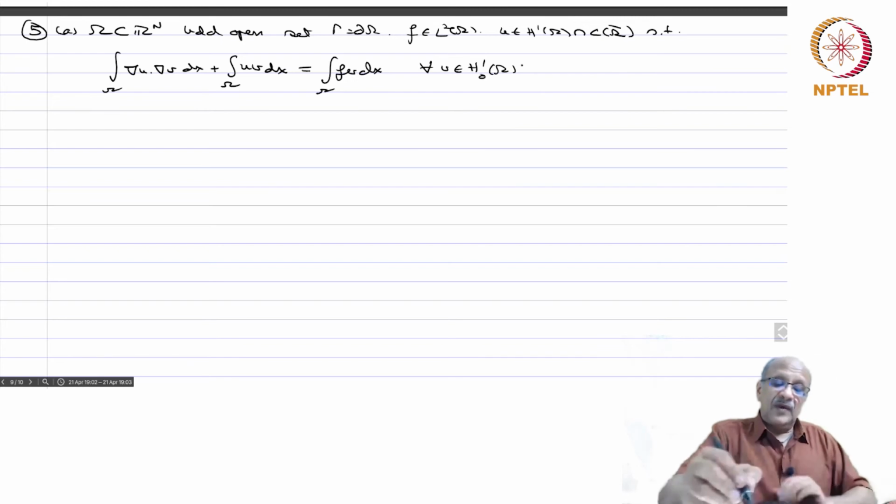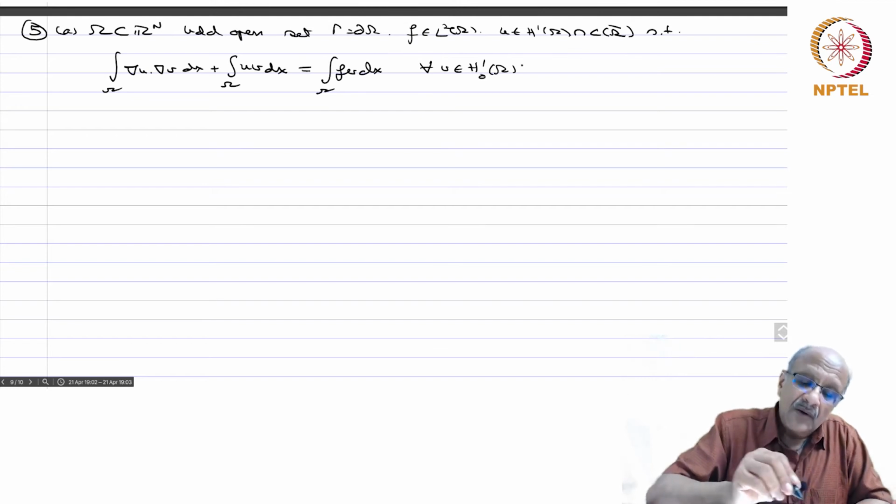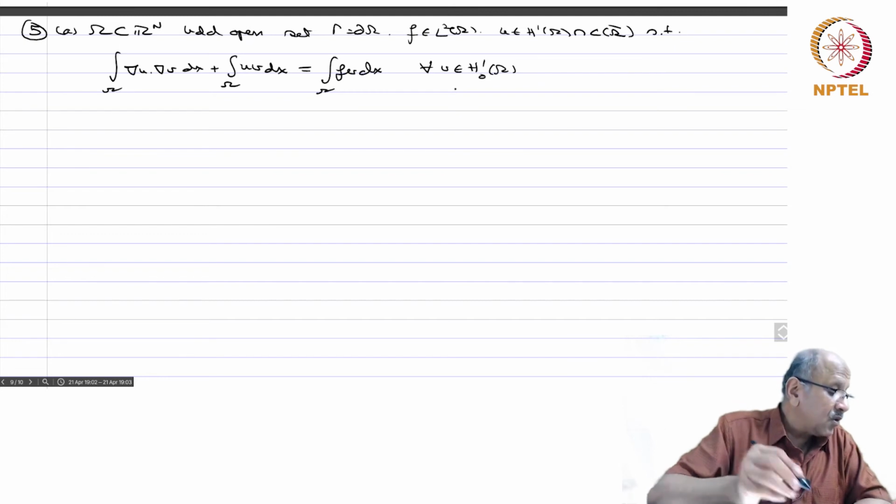That means it satisfies the differential equation in the sense of distribution, because we can take v in D of omega, but we do not know anything about the boundary conditions, because u is in H1 of omega and v is only in H1 0 of omega.